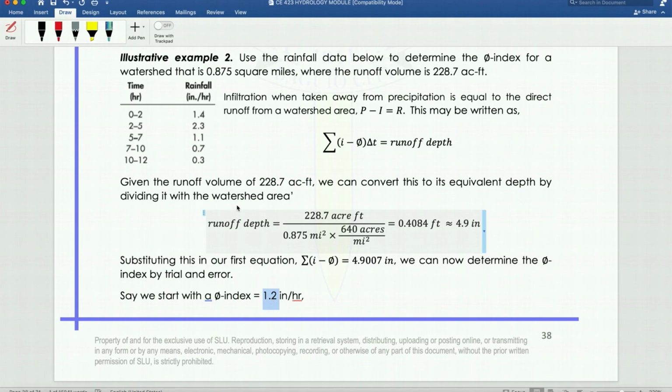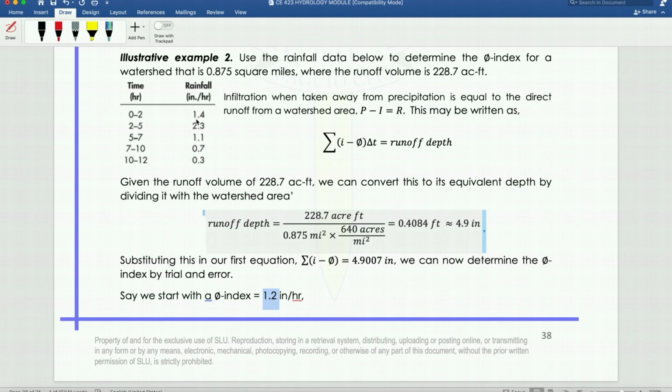Now, as much as possible, your phi index should not be greater than the first intensity, in inch per hour. Because if it would be greater, that means it did not rain. It would mean the soil lost water and sucked water from our surface. So that is not possible.